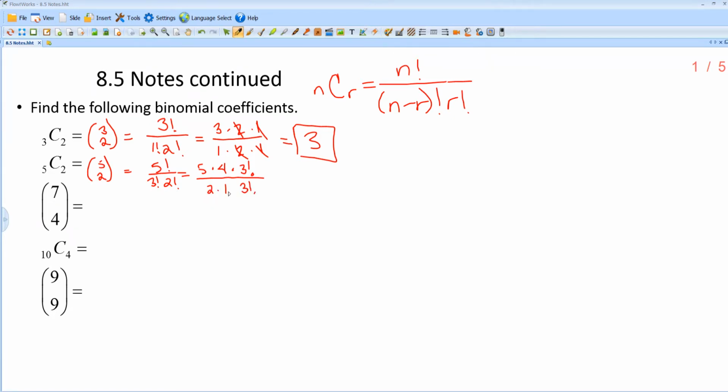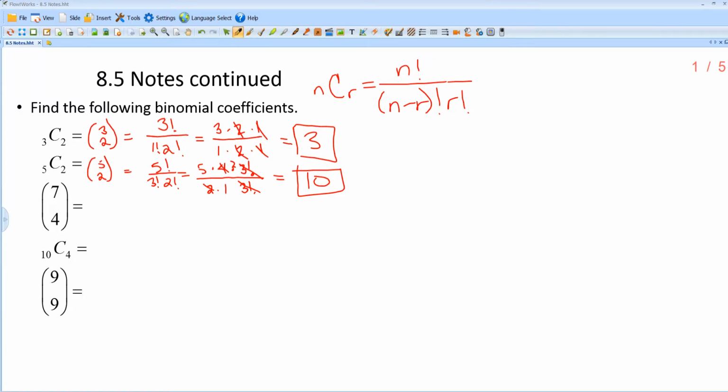Here's 2 factorial, here's 3 factorial, and 5 times 4 times 3 times 2 times 1 is 5 factorial. So I can easily cancel off the 3 factorial and reduce that to 2 to get a total of 10. So this is telling me in Pascal's triangle, if I had something raised to the 5th power and I was looking for an r value of 2, which would mean that we're actually talking about the 3rd term, we'd have a coefficient of 10.